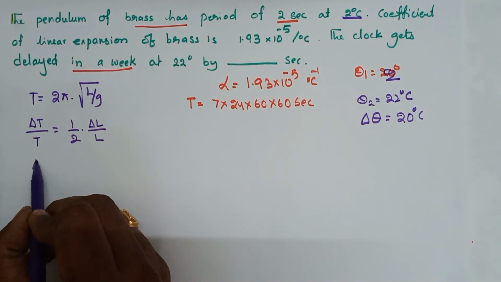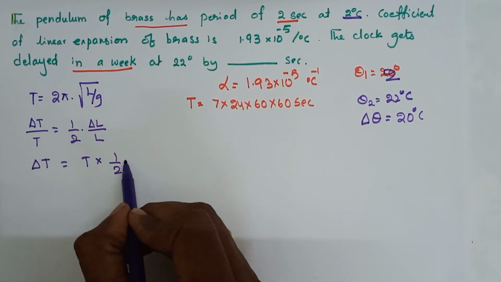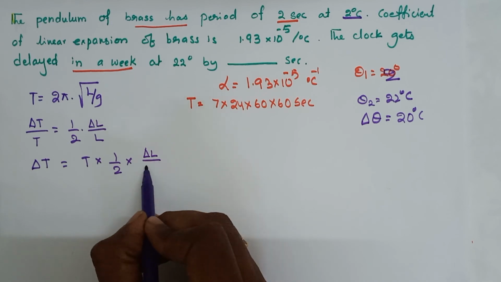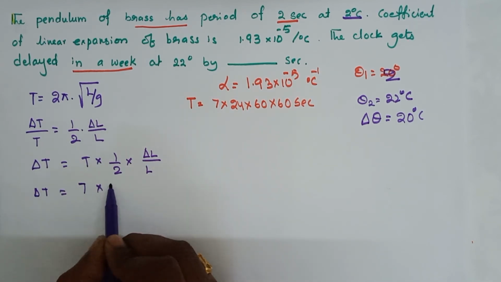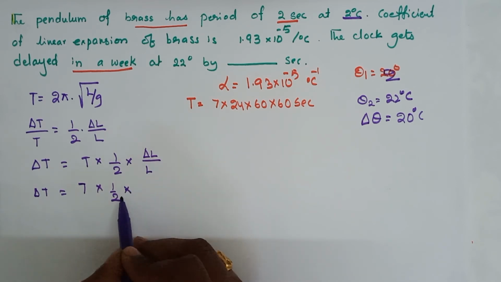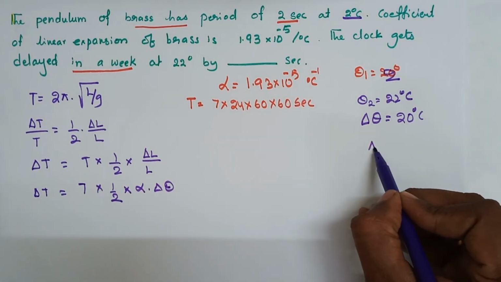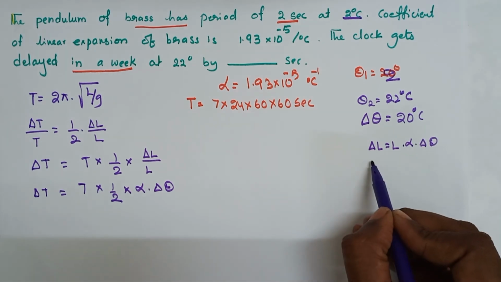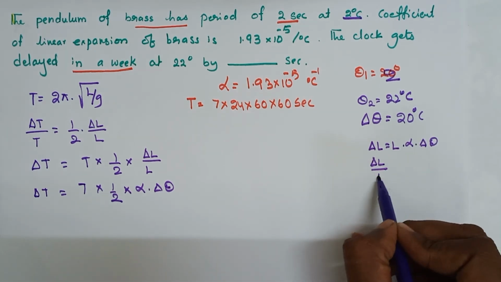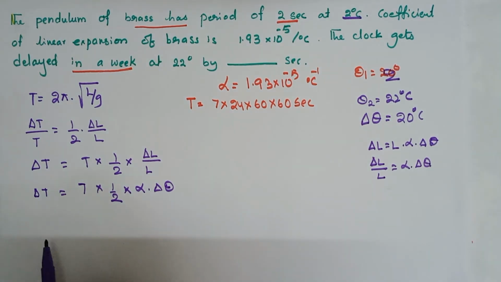What is to be calculated? The change in time is T into 1 by 2 into delta L by L. So delta T is equal to half into delta L by L times T. According to linear expansion, delta L is equal to L into alpha into delta theta, so delta L by L is equal to alpha into delta theta.